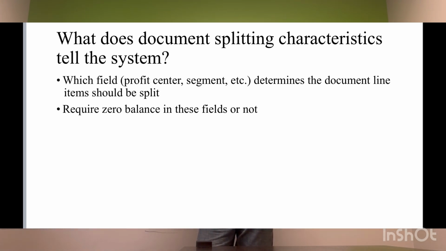Which field, profit center, segment, etc., which field determines the document line items should be split? Require zero balance in these fields, profit center, segment, or not?